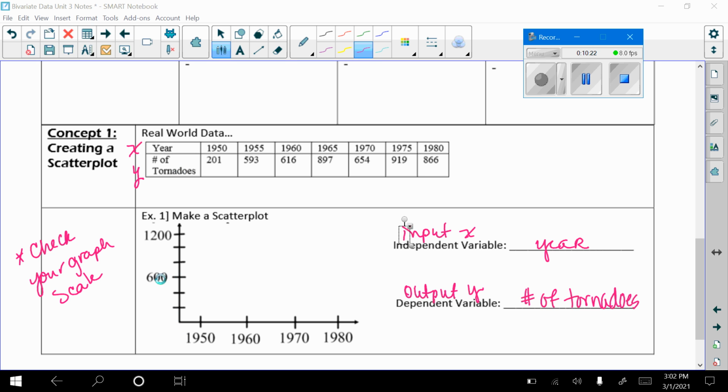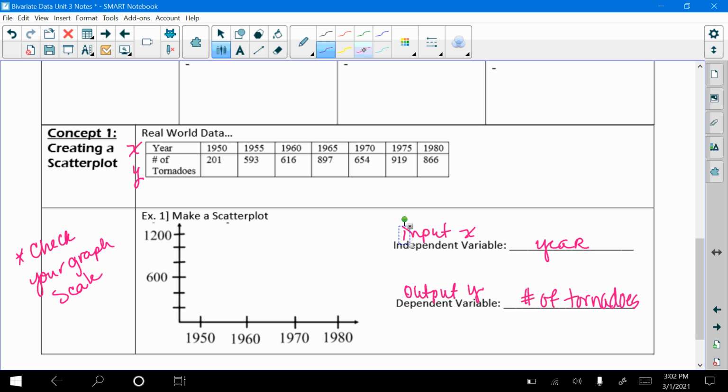This one is 600. So if I break it down from 0 to 600 divided by 1, 2, 3, that's going to end up being in 200s. So I'm going to break it down into 200s. So this would be 200, 400, 600, 800, 1,000.